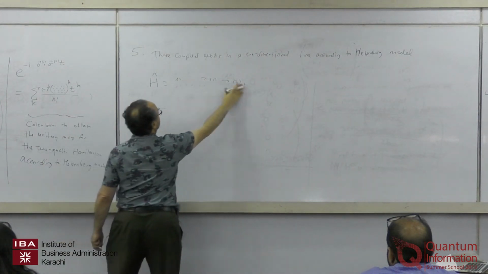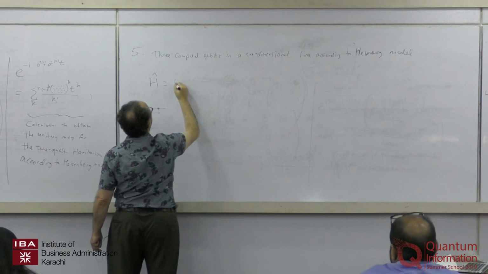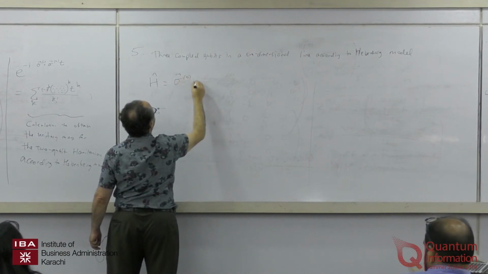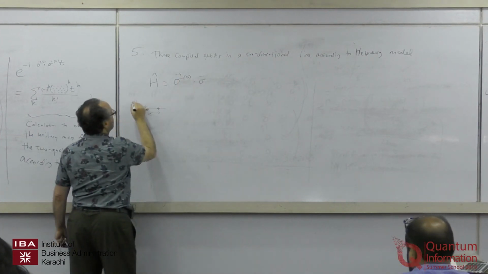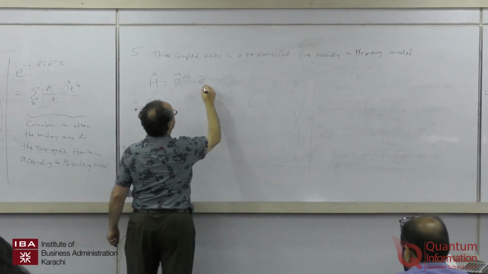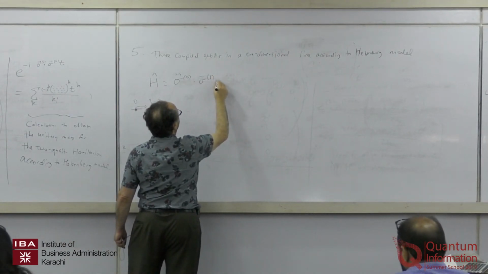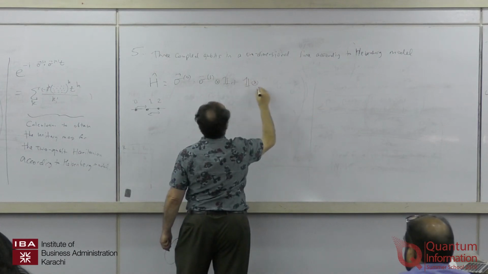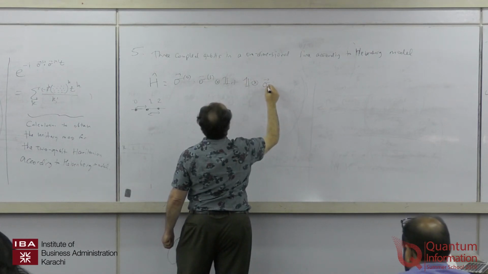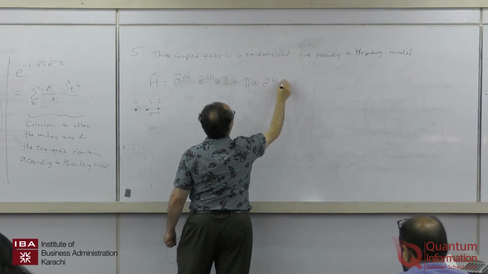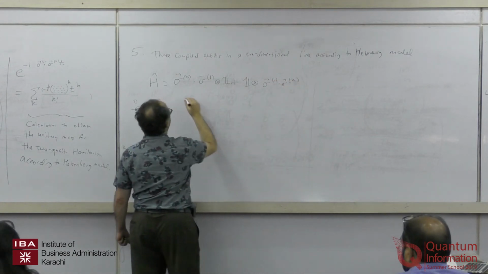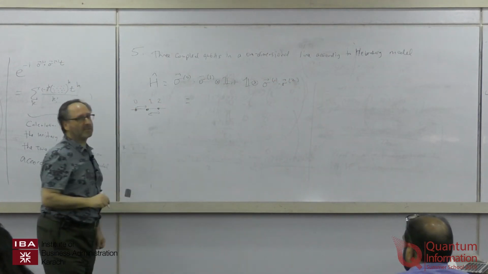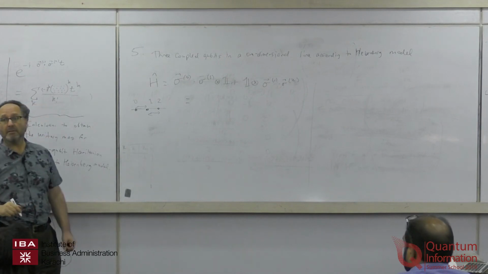Oh, so I shouldn't do it that way. It should be sigma 0, so I'm labeling them 0, 1, and 2. Sigma 0 dot sigma 1 cross identity plus identity cross sigma 1 dot sigma 2. And then let's figure out what it is.